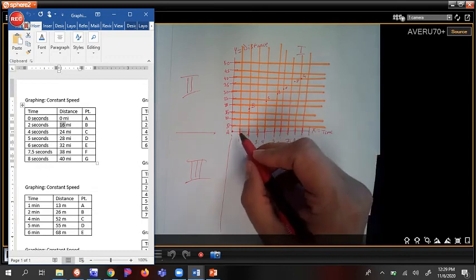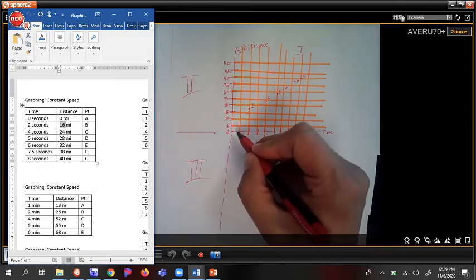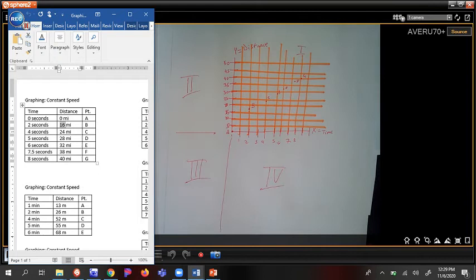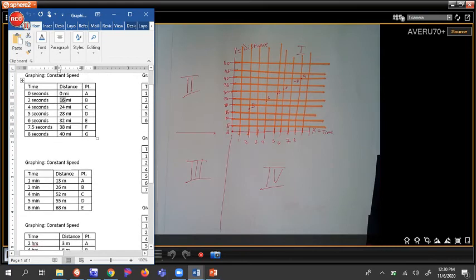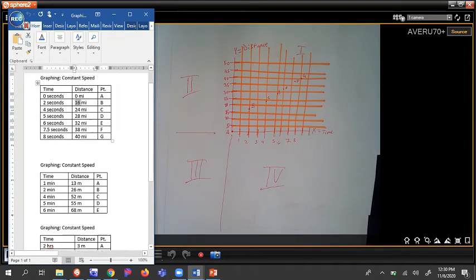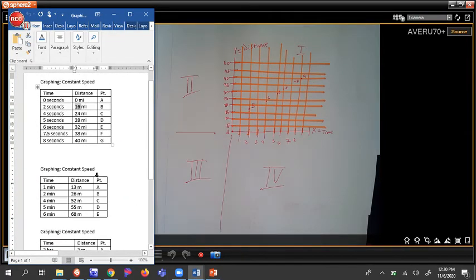So each of these points along this graph are simply the time or distance based on the activity. Now, to find out what my average speed or my constant speed is, all that I would have to do is add it all together and then divide by the number that we added.